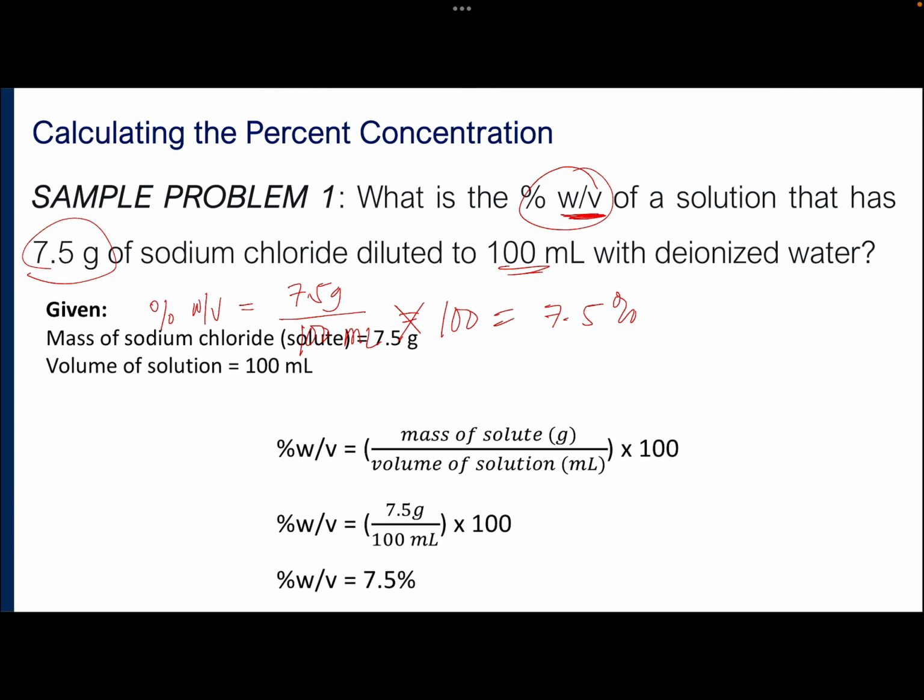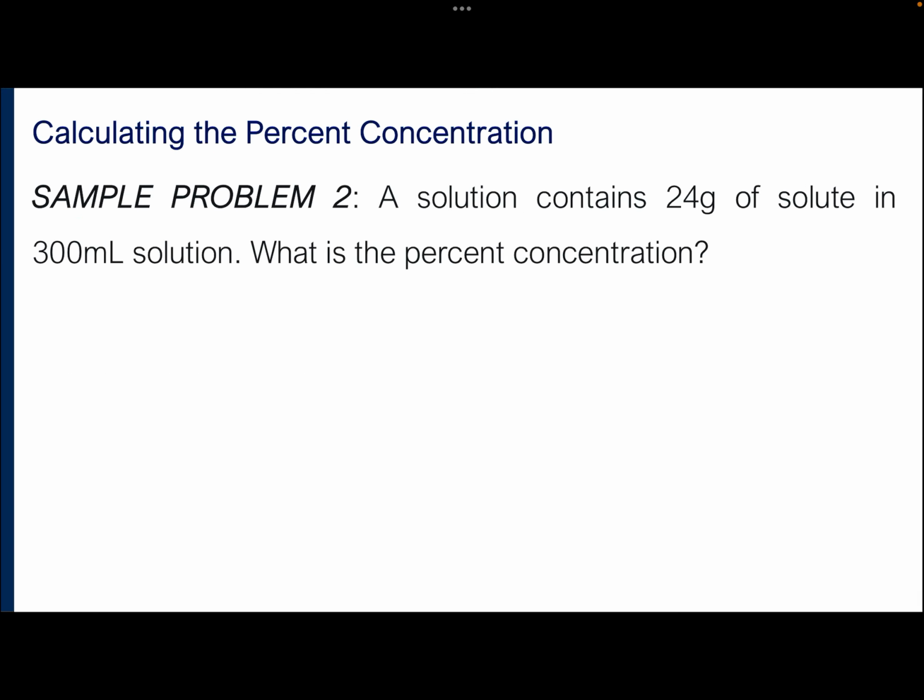Next example. A solution contains 24 gram of solute in 300 ml solution. What is the percent concentration?